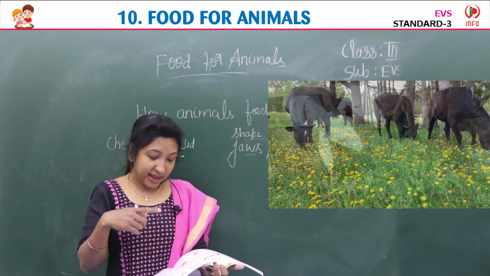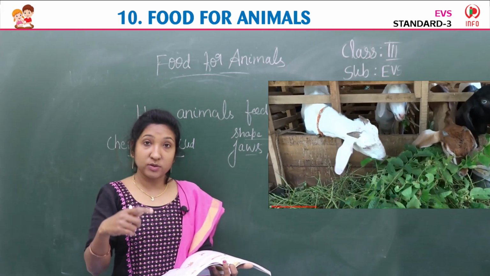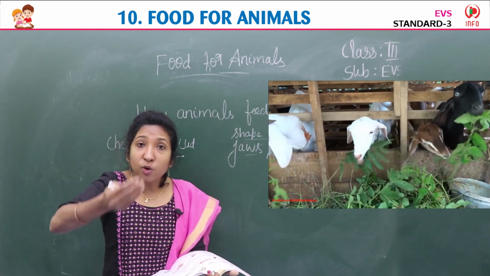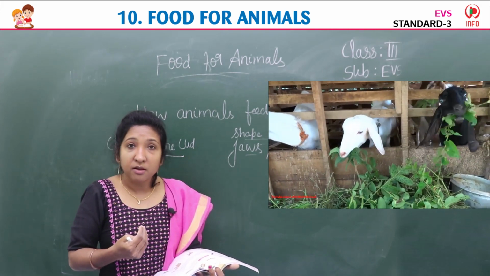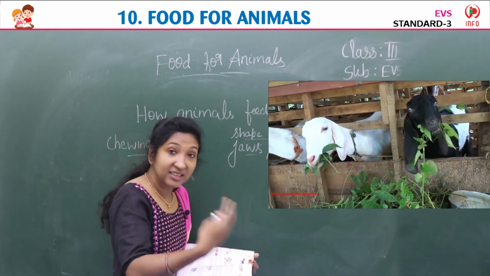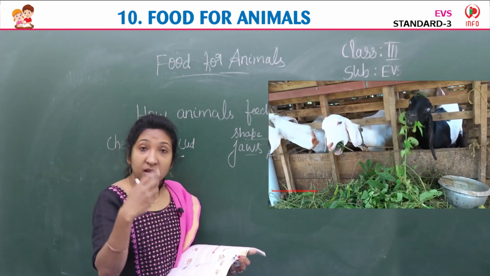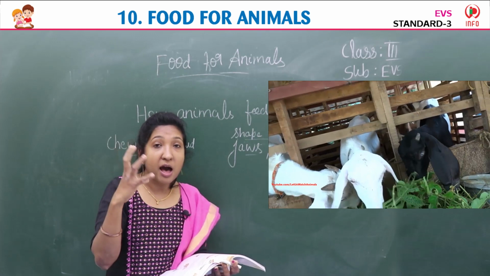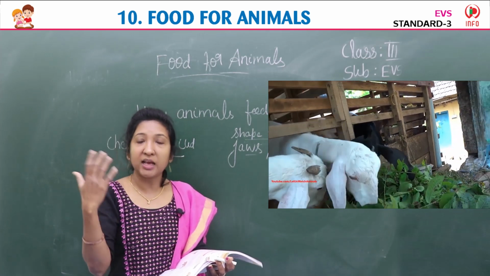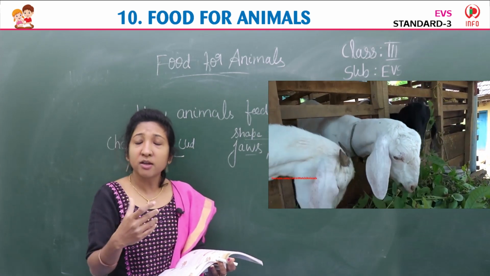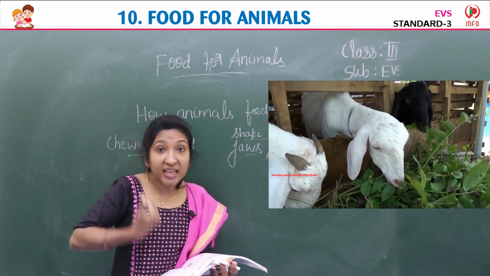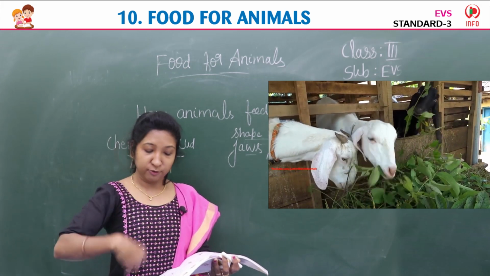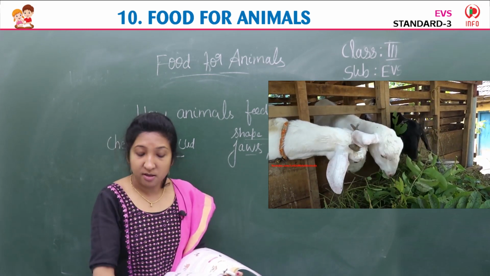Some animals like cows and buffaloes, how do they eat food? Have you ever seen the way a cow eats food? Here and there you can see a cow eating grass, isn't it? Next time, observe how they are eating. First they swallow their food, whatever food or grass.